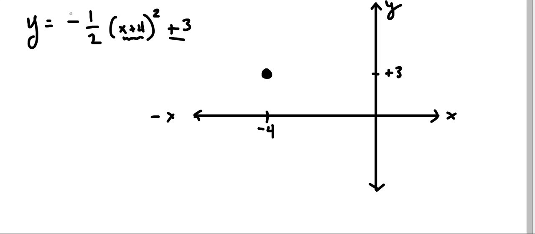Now we look at the direction. Oh, it's negative. That means the graph is heading down, because all the numbers are now going to be negated. Whatever was positive becomes negative. Now this is the stretch, or the vertical stretch, or the steepness.